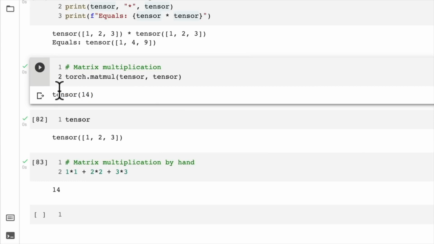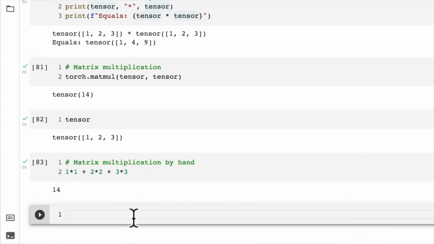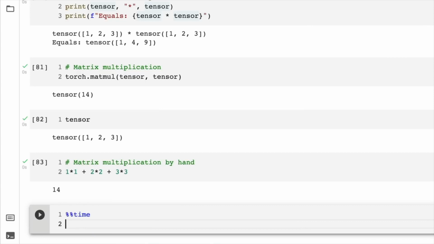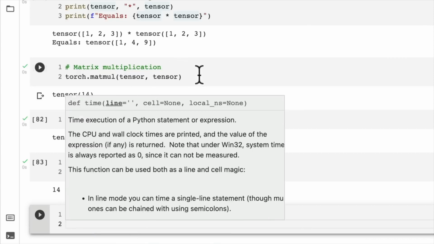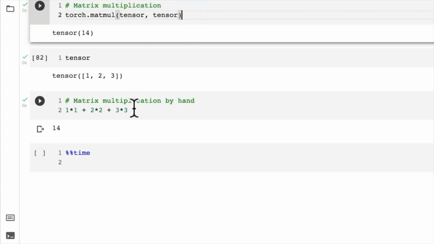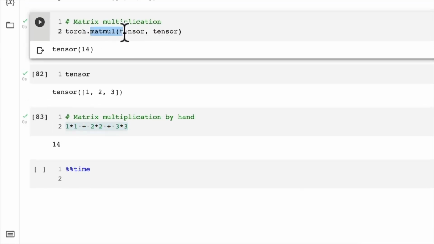Now, we could do this with a for loop. So let's have a gaze, and when I say gaze, it means have a look. That's an Australian colloquialism for having a look. But I want to show you the time difference. It might not actually be that big a difference if we do it by hand versus using something like matmul.